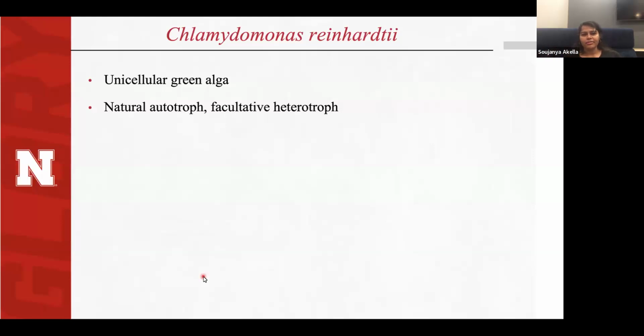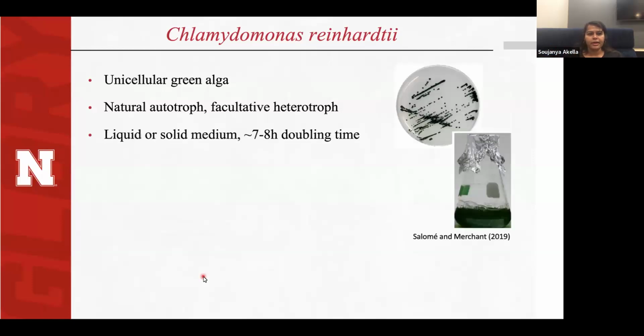But it is also a facultative heterotroph, which means if needed, it can use an externally supplied carbon source like acetate, which means it can grow in the dark. It's not completely dependent on light energy to survive and produce sugars.